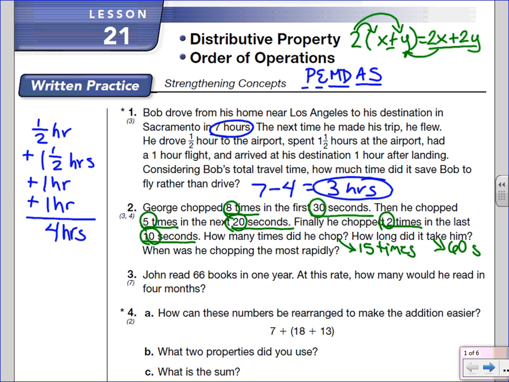So we do that by doing 8 divided by 30. And on this one, since it's not the main problem, you can use a calculator. So 8 divided by 30 gives us 0.26 repeating. 5 divided by 20 is 1/4, so that should be 0.25.